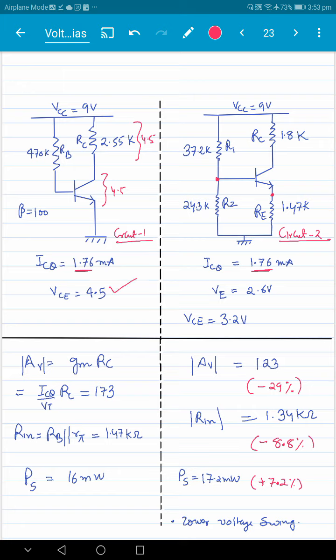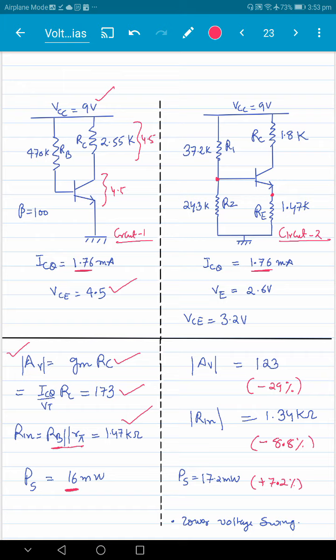Once we do the design, we can get the magnitude of the voltage gain, which is GMRC, and we get 173. The input resistance is Rb parallel R pi, so we get 1.47 kilo ohm. Power dissipation we are also calculating, 16 milliwatts, so it's basically equal to the VCC 9 volt multiplied by the total current drawn from the supply. So that gives us 16 milliwatts.